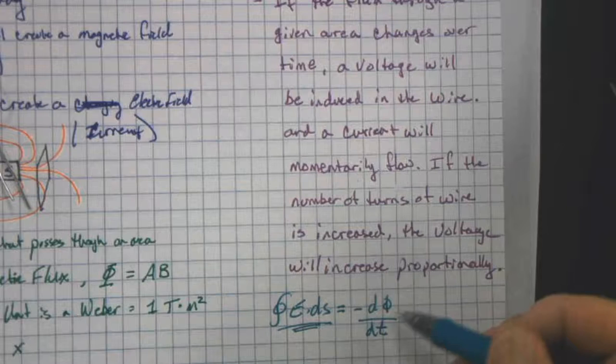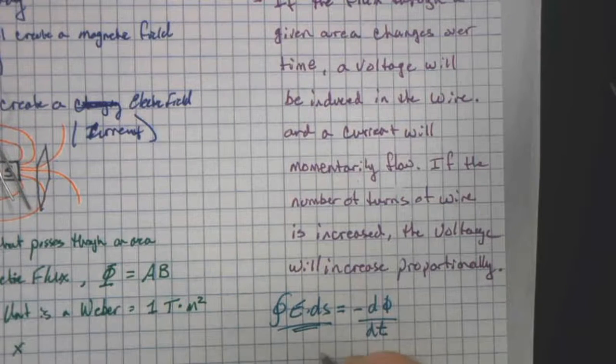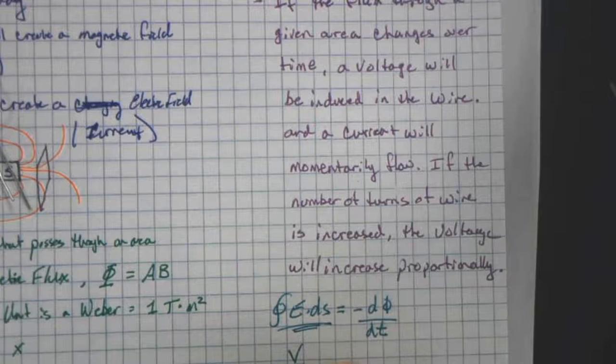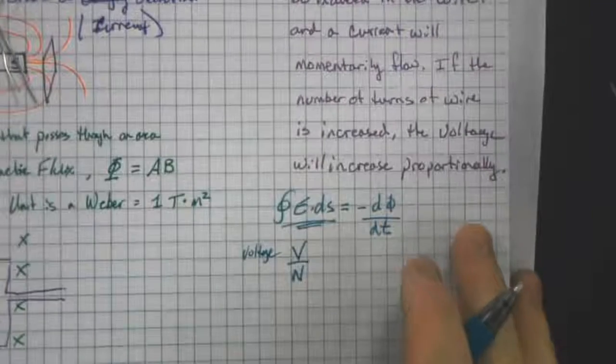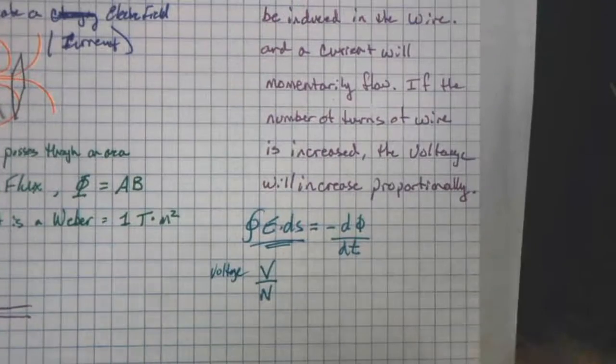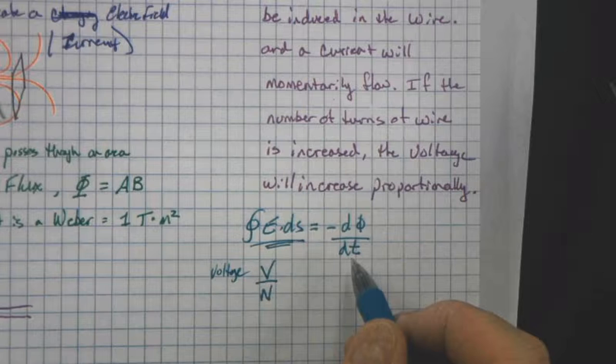This is essentially what it boils down to. This winds up being the voltage divided by the number of loops. You should copy this into your notes.